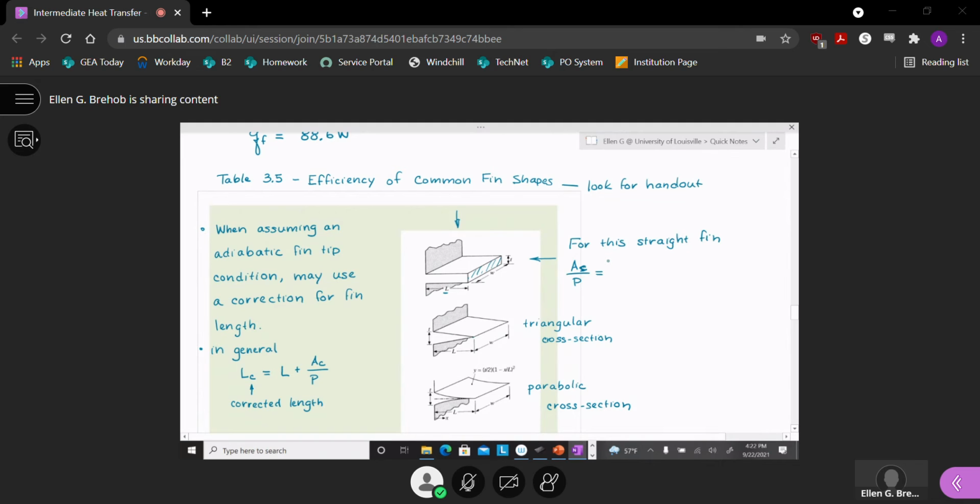And cross section is this thickness times the width. Okay. And perimeter is 2 times thickness plus the width. So we're going 2 widths, 2 thicknesses. We're doing that same thing we've seen before, is saying that this is about 0.